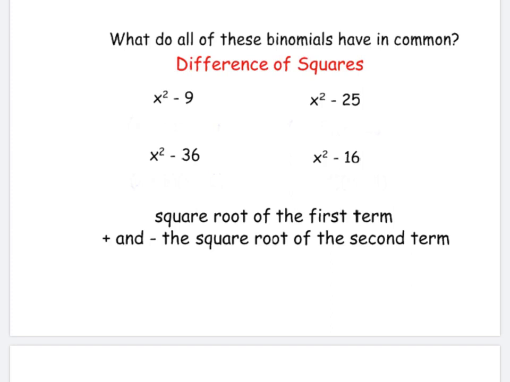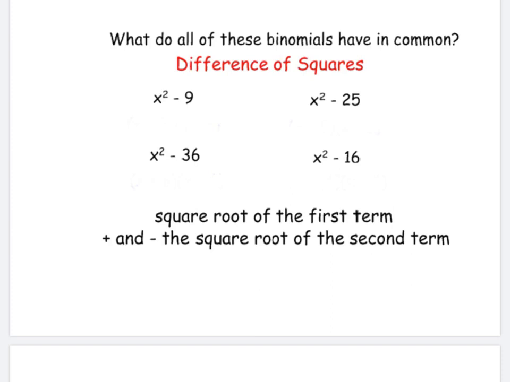Remember when we did this before, we took the first term and we squared it, and we took the last term and we squared it. And that was how we got each term in the binomial, and then it was always subtraction. So in order to go backwards, instead of squaring something, the opposite of squaring is square rooting. So I want to square root both terms.